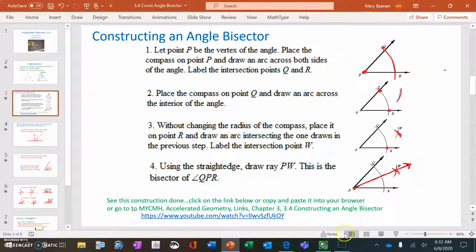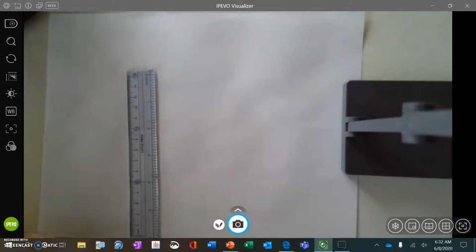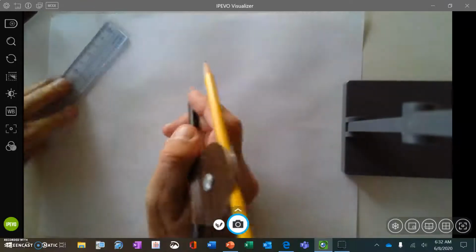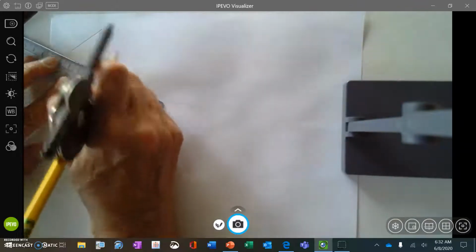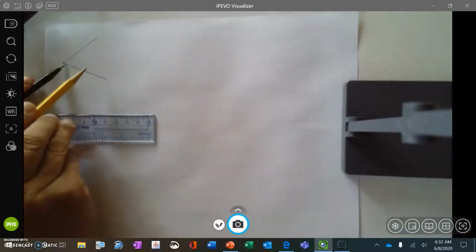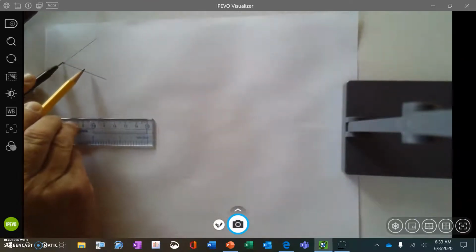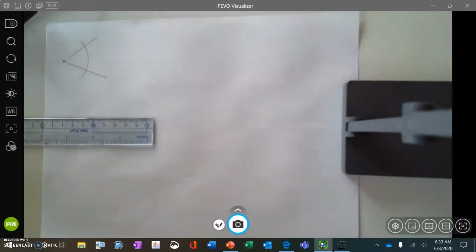So now if I put this down, you can see my screen here, and I will create an angle. Okay, first step, stab in at that vertex and swing an arc that goes through both sides of your angle.